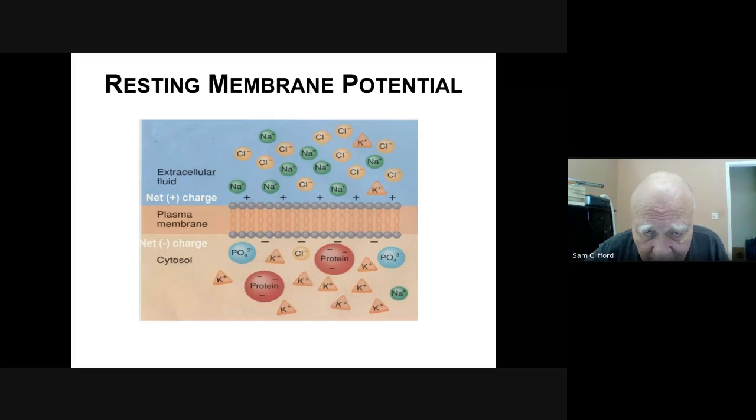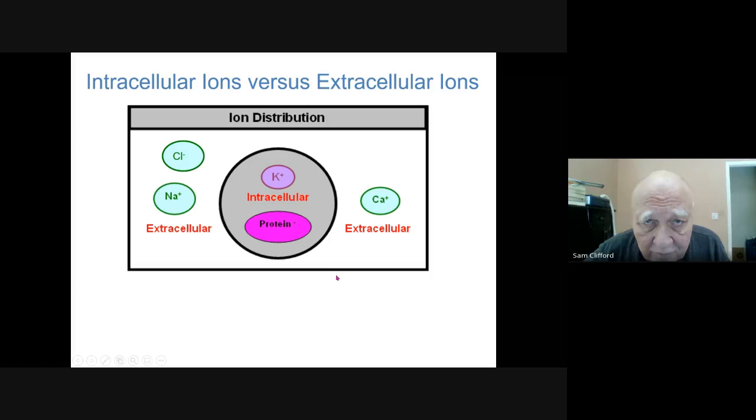Notice there's primarily potassium in the cell, and there's an abundance of sodium outside the cell. So this is what I just said. Most sodium is outside the cell, more potassium inside the cell.